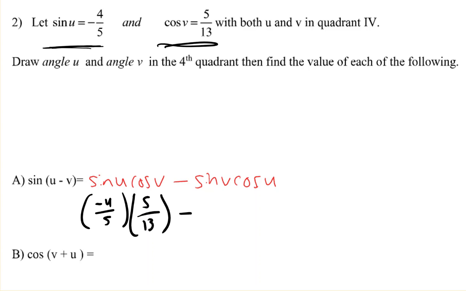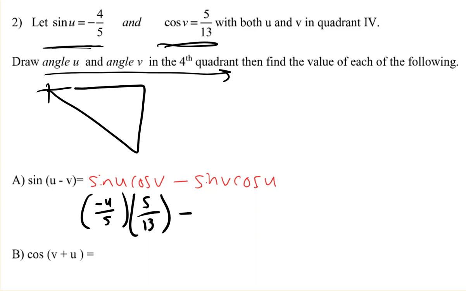So last semester, if something didn't end up being a unit circle question, you remember how most of the time you had to sketch a triangle? It's the same thing here, and that's what they're trying to tell you in the directions. Here's my angle U in quadrant 4. Here's my angle V in quadrant 4.